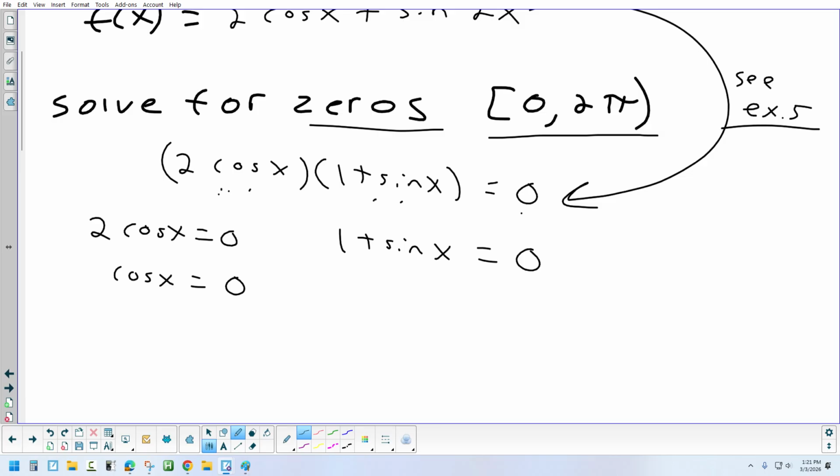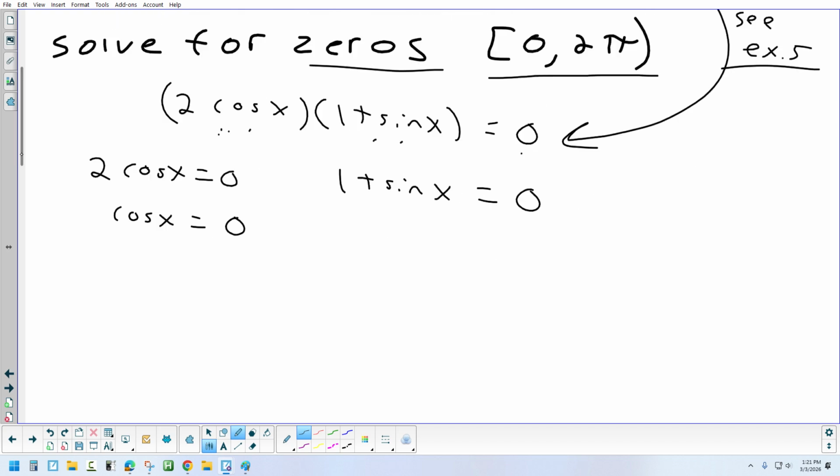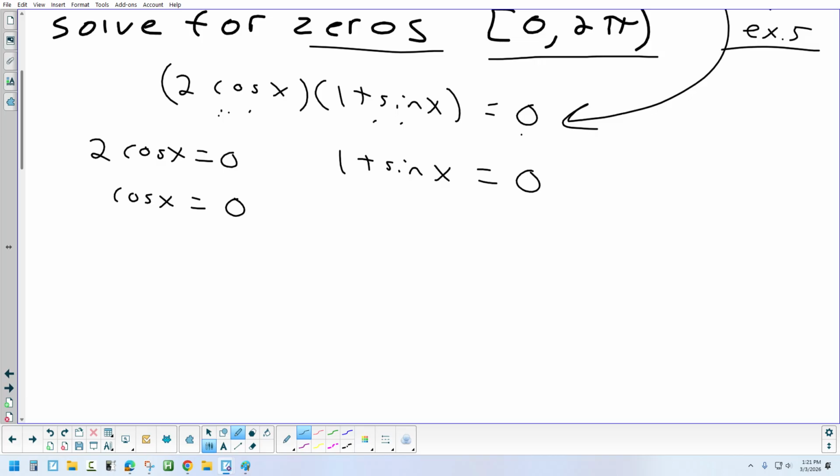And now, normally, to get rid of cosine and get x by itself, what would you use to cancel out cosine? Yeah, normally we'd use inverse cosine, but we don't need it because anytime you're equal to a 0, a 1, or a -1, you can just use your unit circle and it's faster.